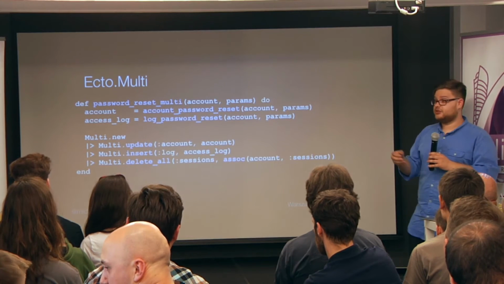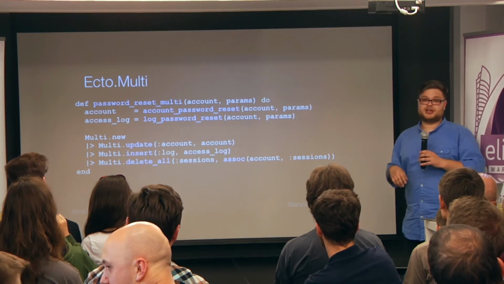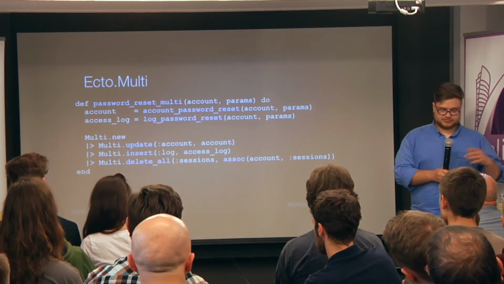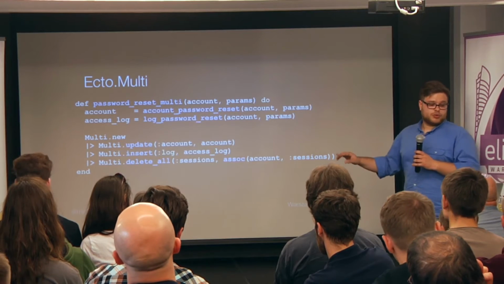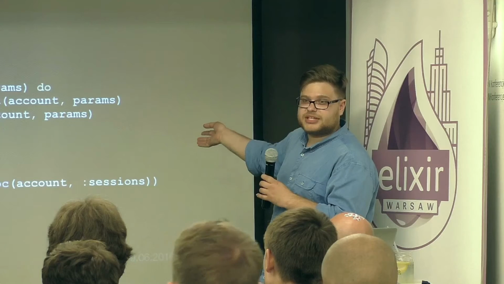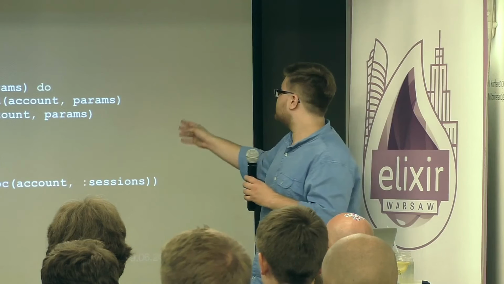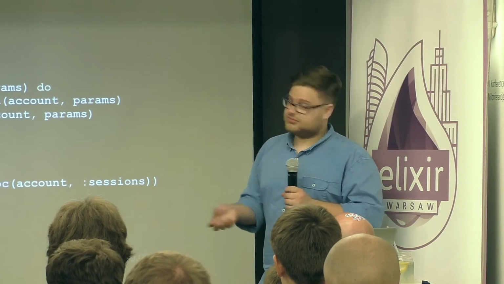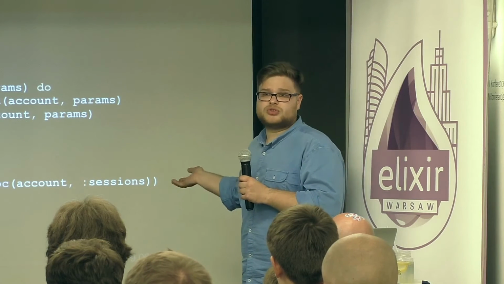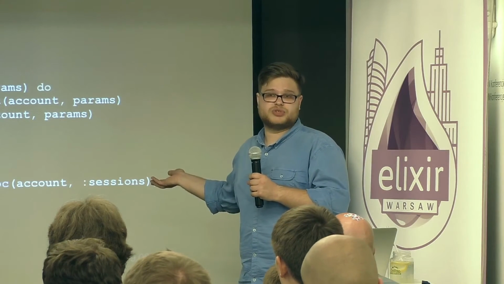As we saw before, they can do various validations and whatever you want. And then we create a multi, and we say we want to update the account with that changeset. We want to insert some log that something was changed. And this is a password reset, so we want to remove all the sessions for the user.